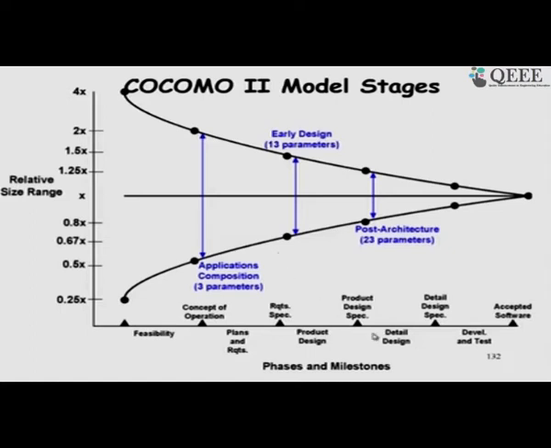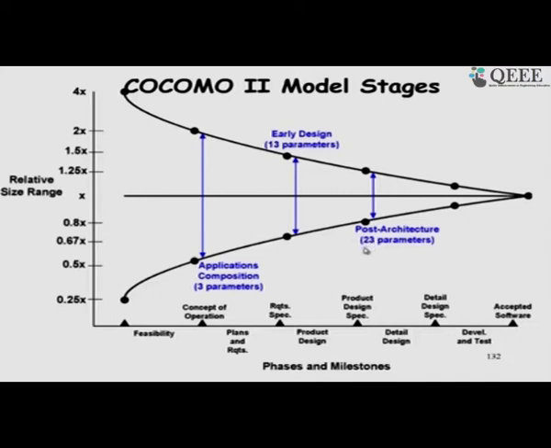And then as we proceed and complete the design stage, we have fairly good idea about the code size, and here we use lines of code, and also many more aspects of the software project becomes clear.